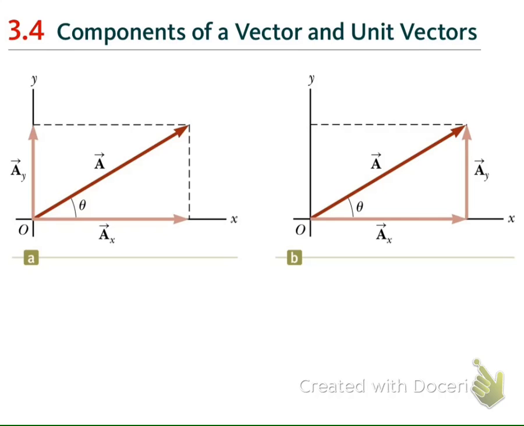For a vector A in two dimensions, the x and y components of A are defined as the vectors pointing along the x and y axes respectively, and we have that A is equal to the summation of the x component and y component.